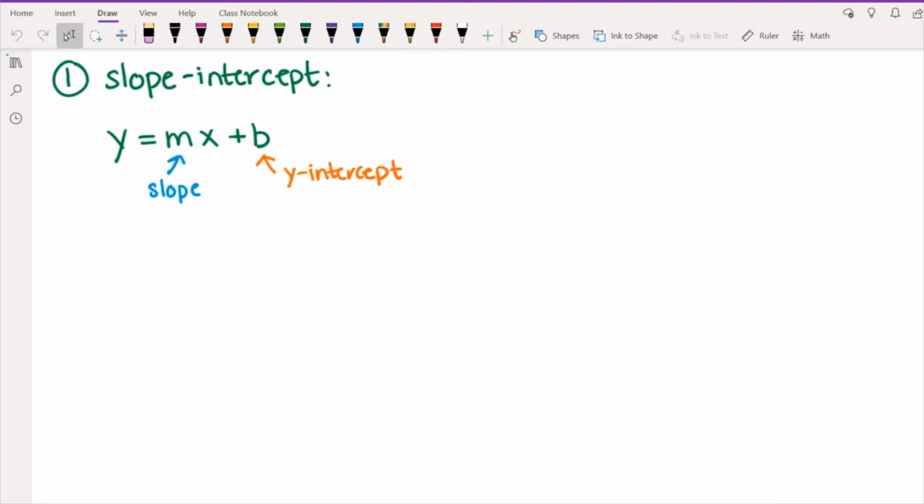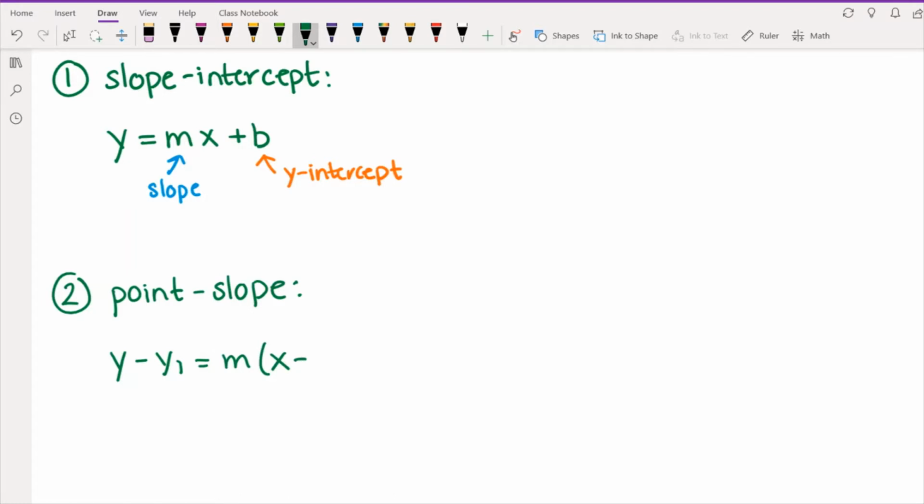So how does slope-intercept form work? Well, sorry, point-slope form. How does point-slope form work? So we talked about this, if you took pre-calculus with me, pre-calc 1. The way that point-slope form works is that you have y minus y1 is equal to m times x minus x1.